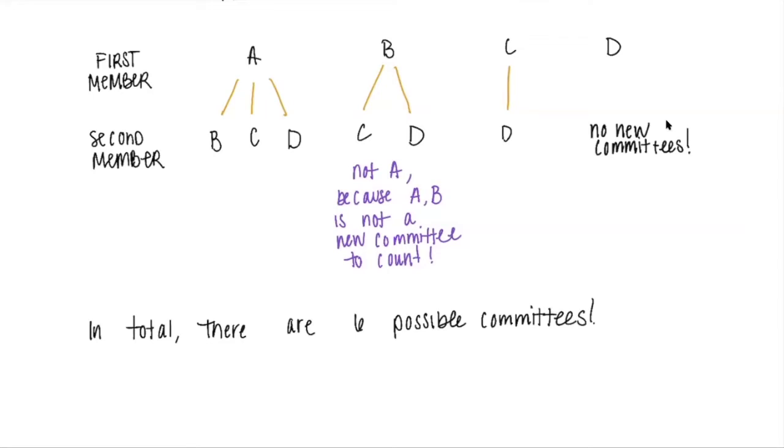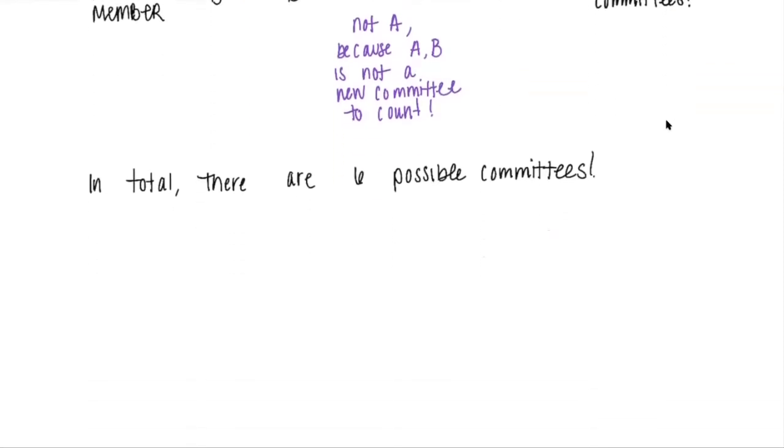Okay. So what I'm going to do is give you the formula. Basically from 4 people, I chose 2 of them to be on this committee. And I'm choosing them in a way that the order isn't significant. So this is combinations.